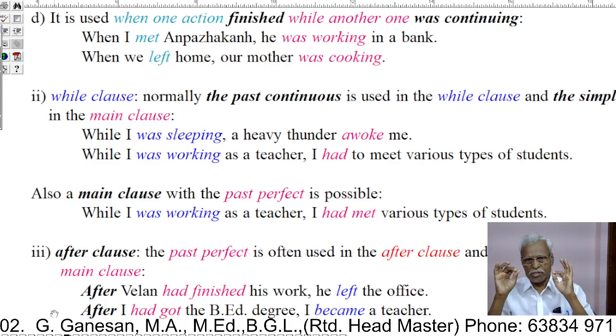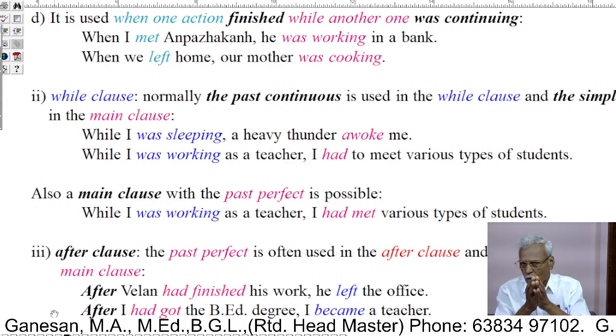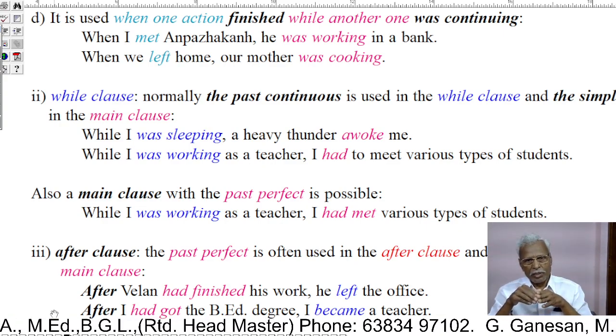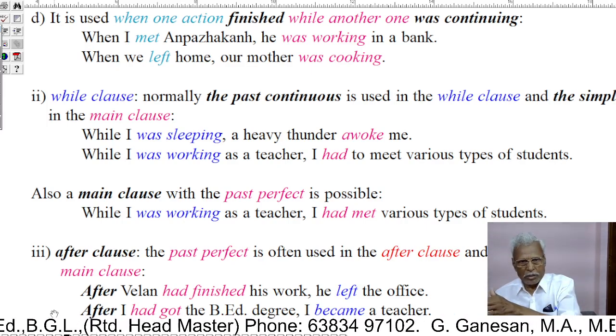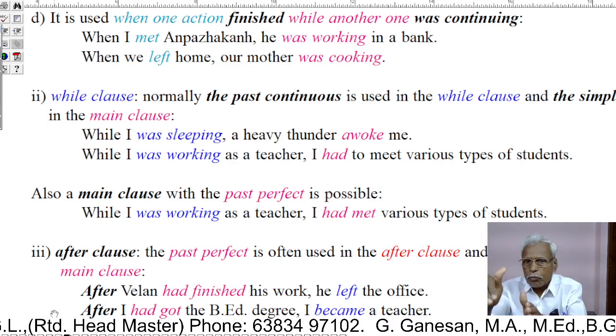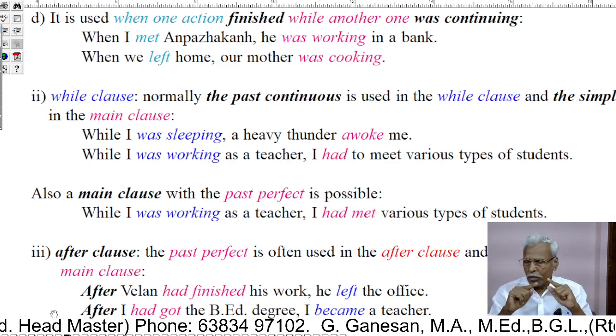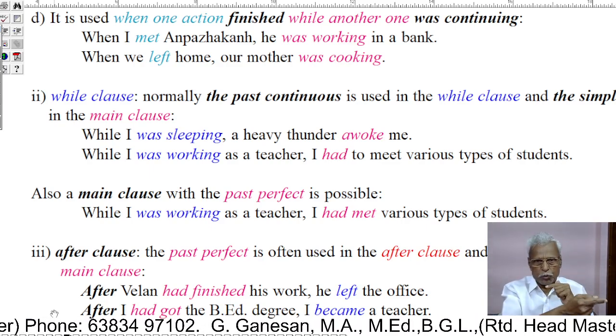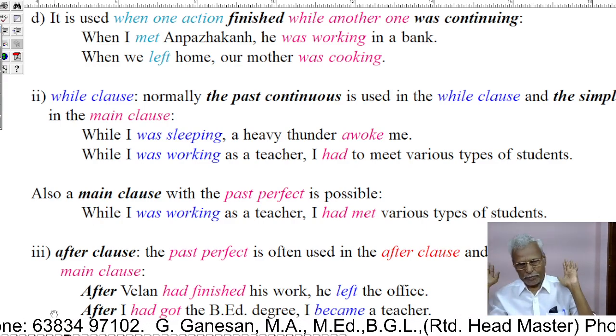In such a case, the finished action is normally expressed by the when clause, and the continuing action is normally expressed by the main clause. When we left home, our mother was cooking.